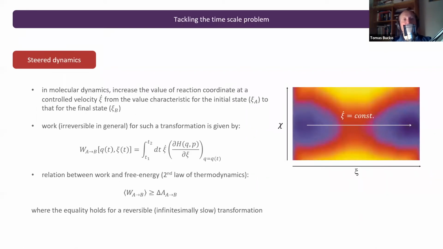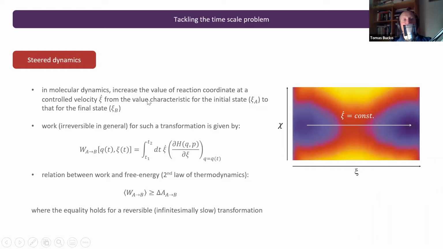Another method based on integration of free energy gradients that we have in VASP is steered dynamics, but here, instead of sampling configuration space for different values of Xi, we increase the value of the reaction coordinate continuously at some controlled velocity Xi dot.